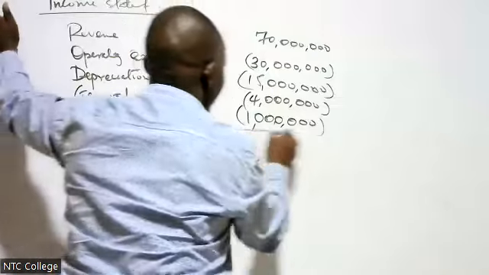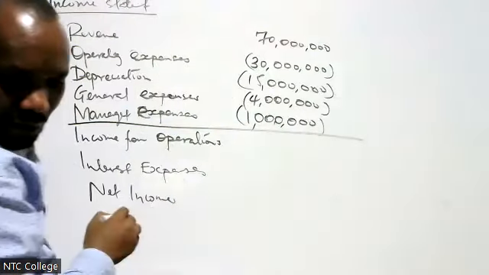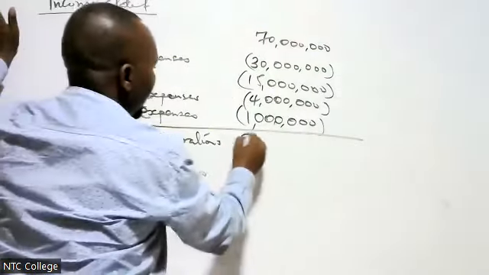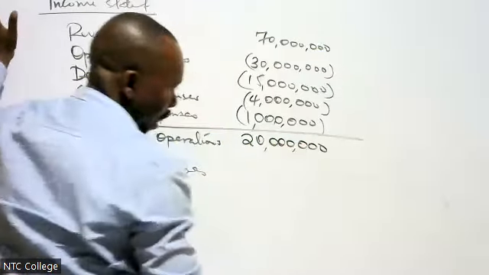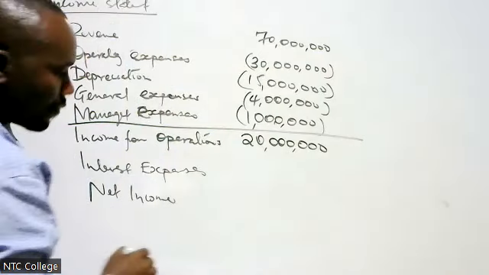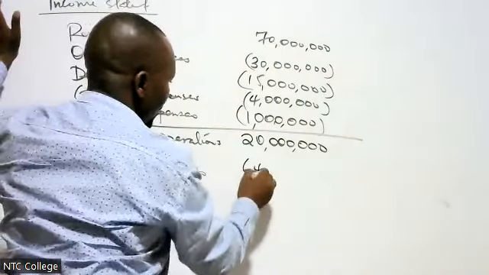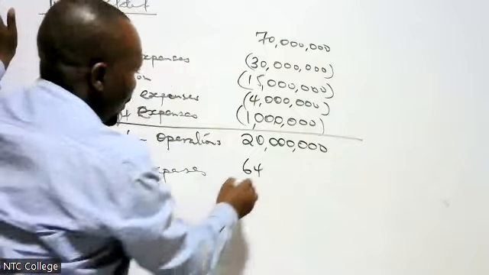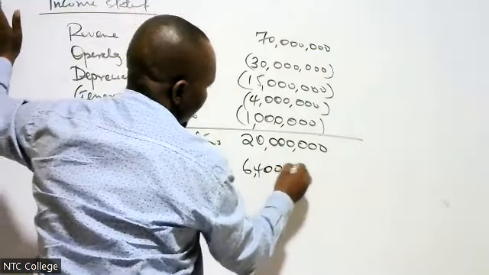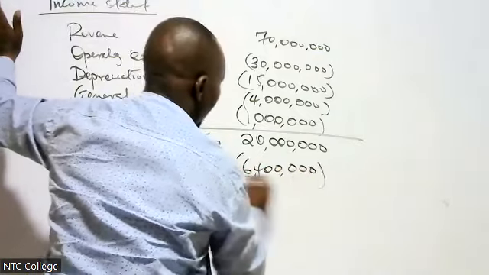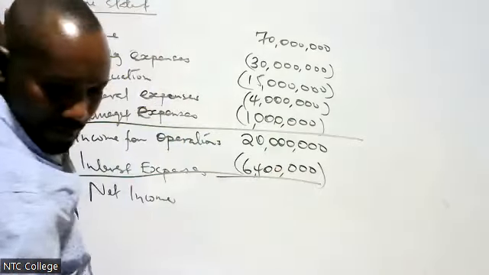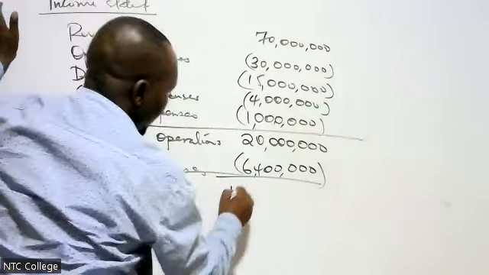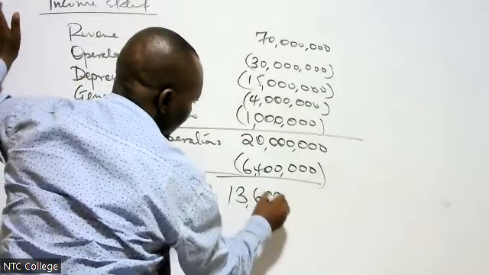Then we have income from operations, which is 20 million. We have 64. And so we are having net income of 13,600.